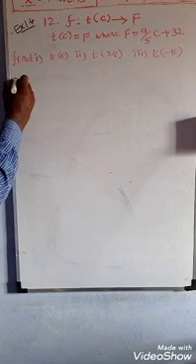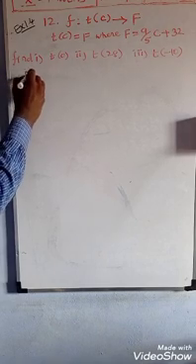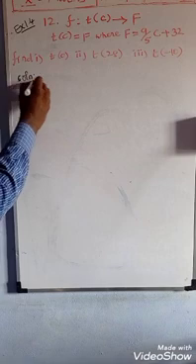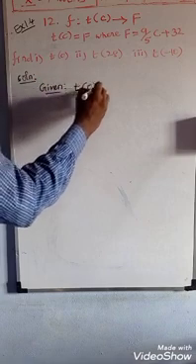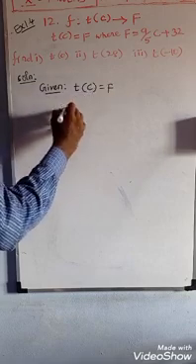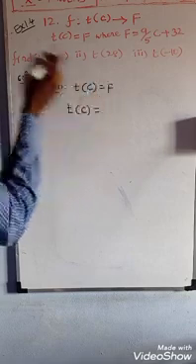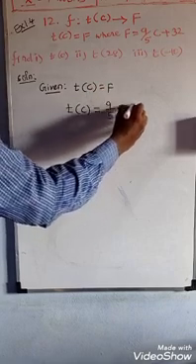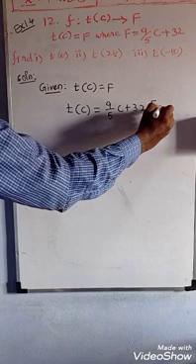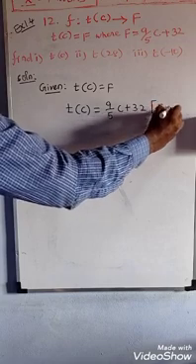Now the solution. Given T of C is equal to F, where F is given as 9 by 5 C plus 32.